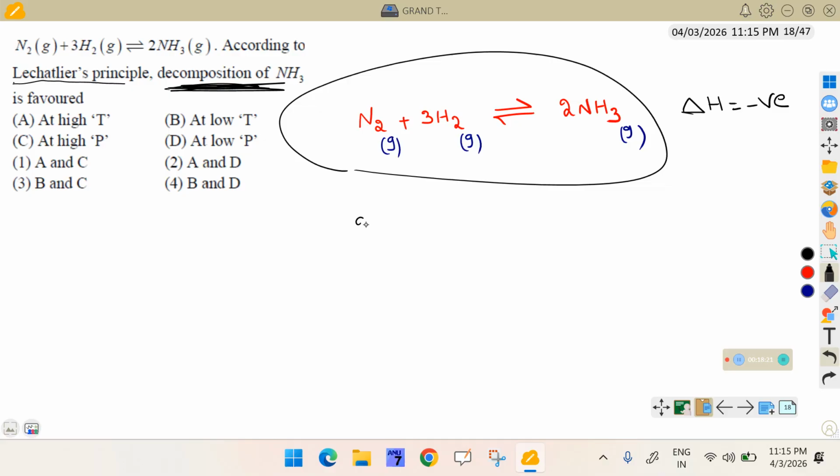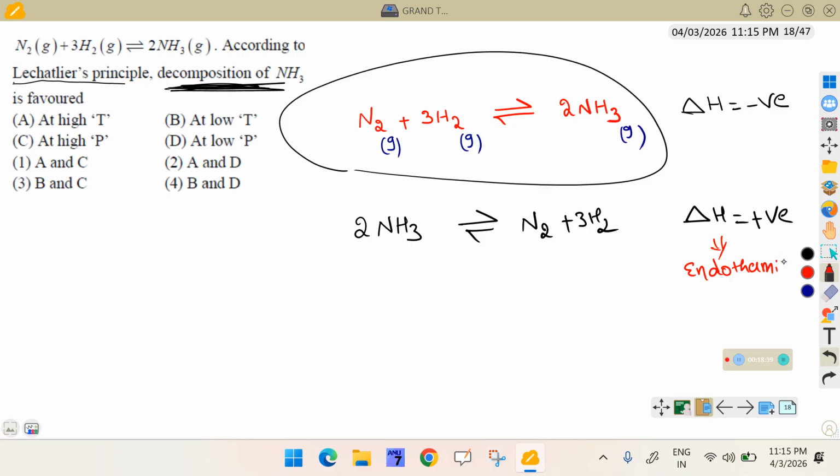Now reverse the reaction: 2 moles of NH3 gives rise to N2 plus 3 moles of H2. Reverse the reaction, then change the sign. Delta H value is positive; it is an endothermic reaction. For endothermic reactions, high temperature favors.